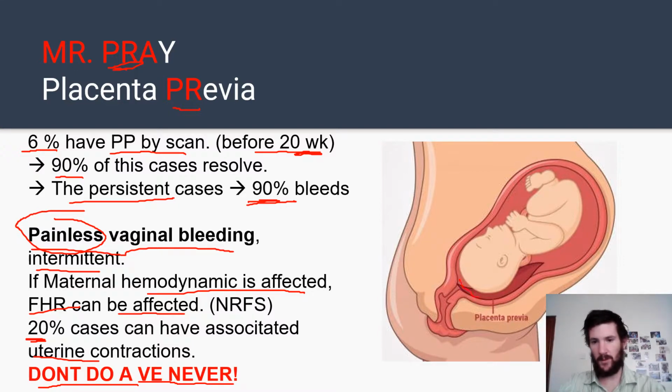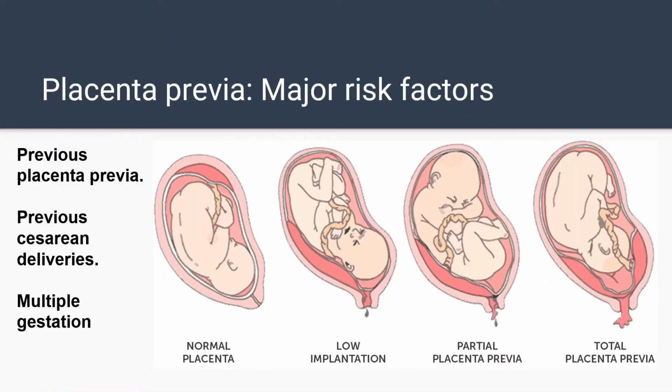Here we have a photo of a placenta inserted very low. In this part, the placenta can bleed a little and cause the symptoms. Placenta previa can have different positions and different classifications according to where the placenta is inserted and how far the os is. Here we have a low implantation placenta, when the placenta is not covering the os but is near the os, and it can bleed through the os.